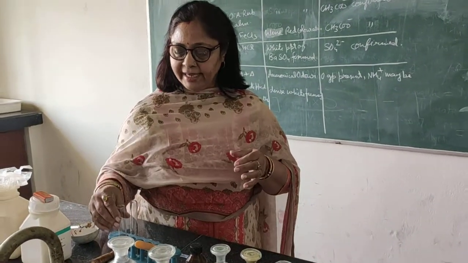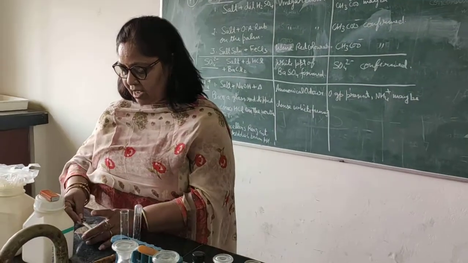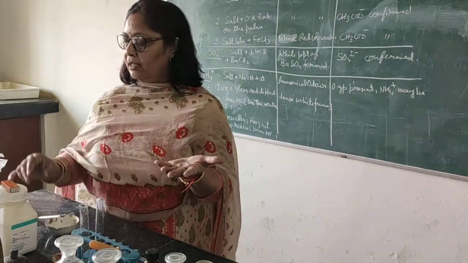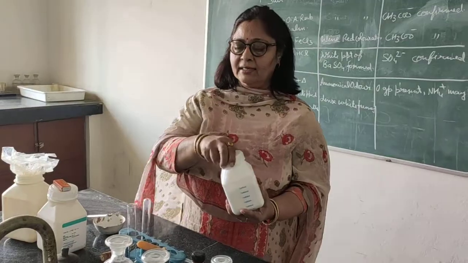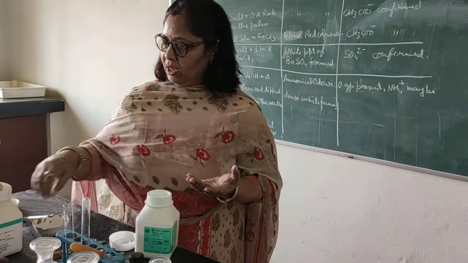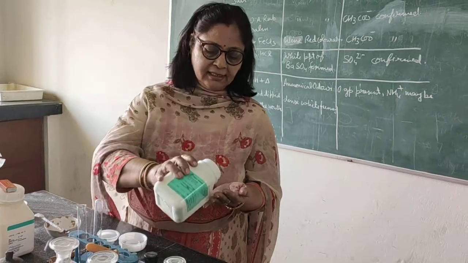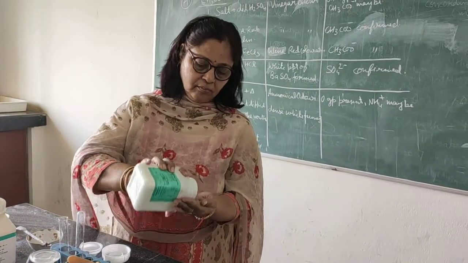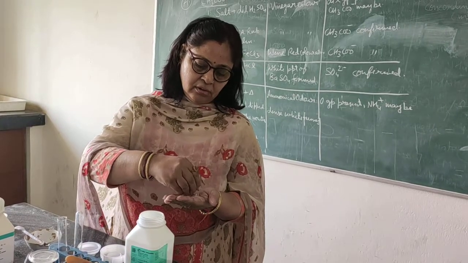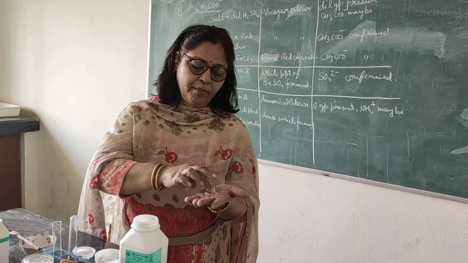Now our second test is, we take some amount of this acetate salt, then add some amount of oxalic acid. This is oxalic acid. I take a very little amount, and then rub this in the palm.